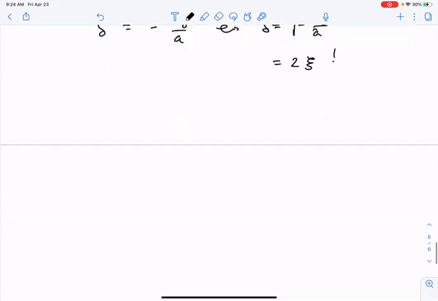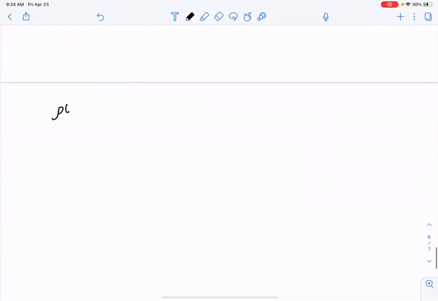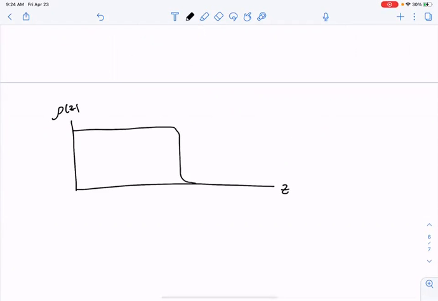So as we approach the critical point, at very low temperatures, that correlation length is small. As we increase the temperature, that correlation length will grow.